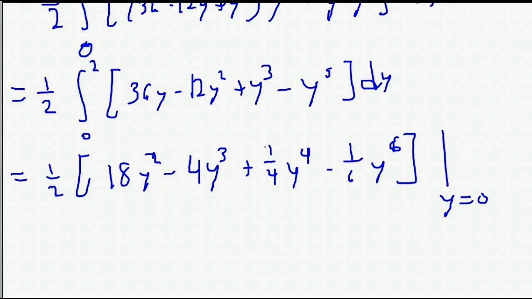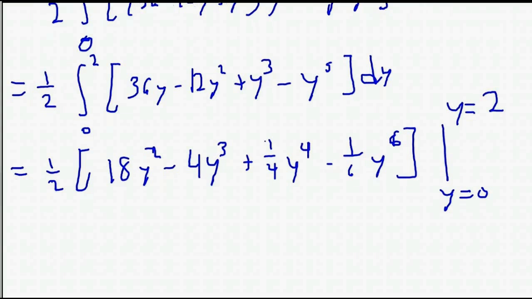So we plug in 2 for y and plug in 0 for y. Plugging in 0, everything goes away, everything is 0, whether we square it, cube it, or raise it to the 4th power. So we just really got to plug in 2 for y, simplify, and we're done.